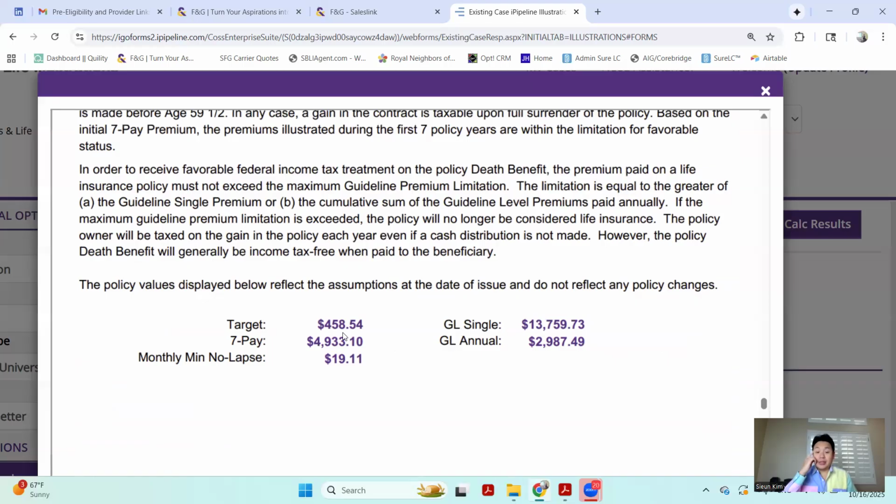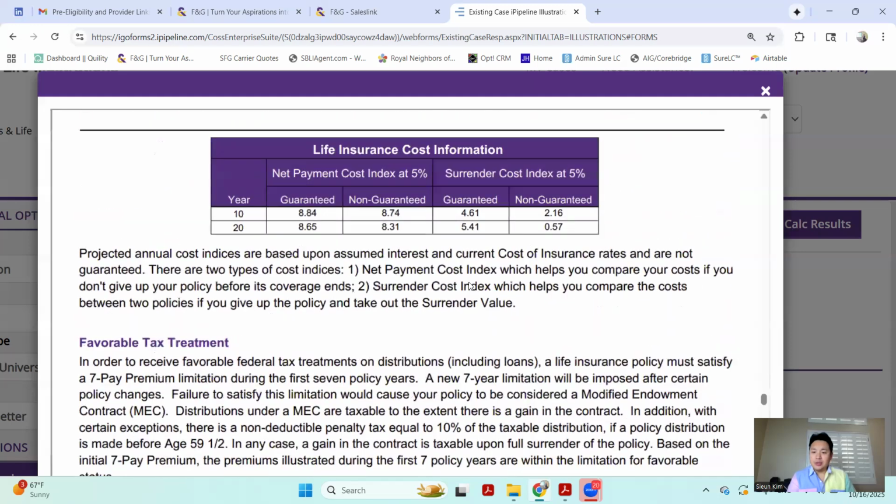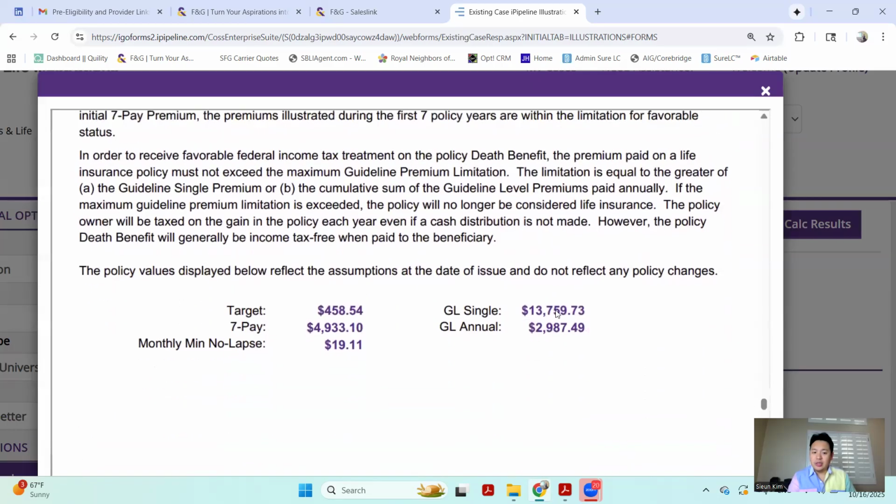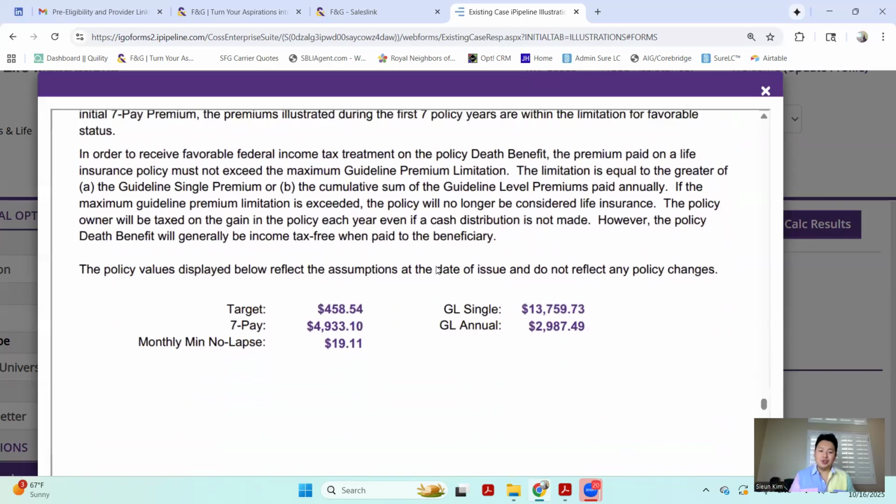So the agent might be surprised: oh, I was expecting this amount of commission. The reason it might be a lot lower than you think is because you max funded the policy to where the death benefit is so low, and most of the $100 a month is going to the cash value, not the insurance. Does that make sense?